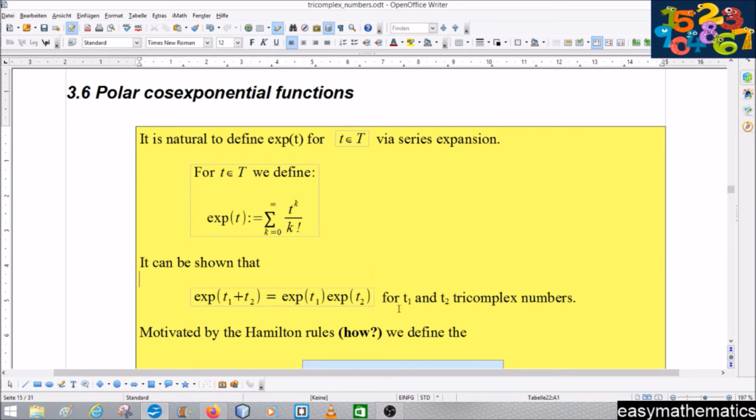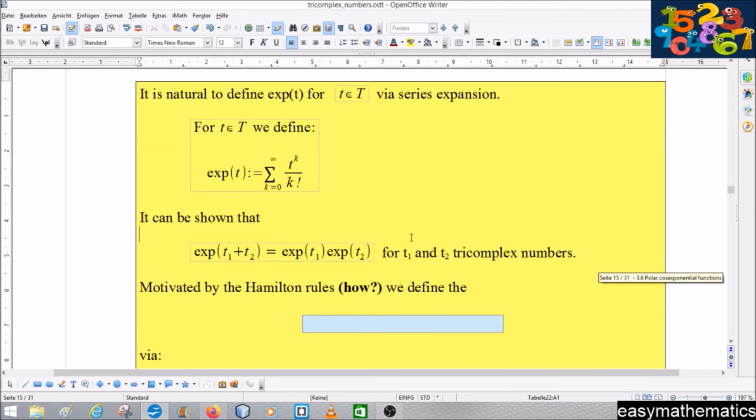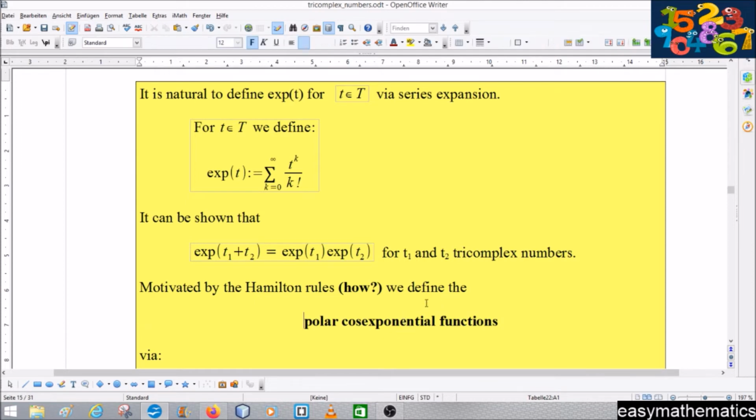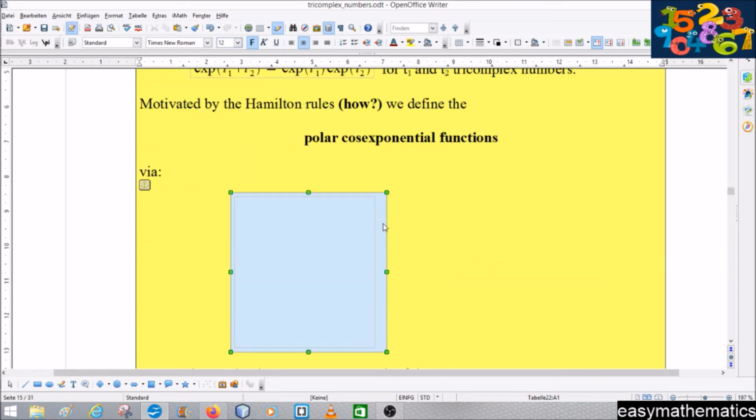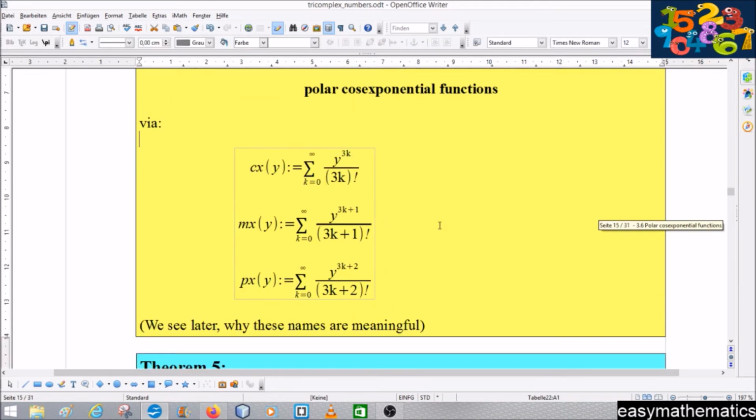This is also valid for tricomplex numbers, and motivated by the Hamilton rules, and I'll let you think about that, we define the polar cos exponential functions. The name I explain later why we choose this name, but what we define are three functions: cx, mx and px of y.